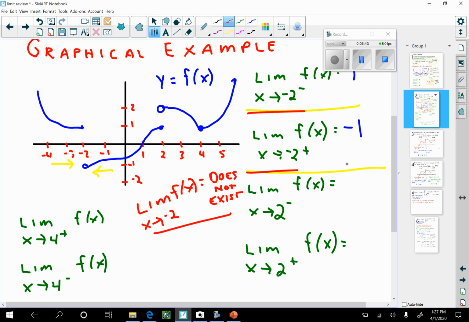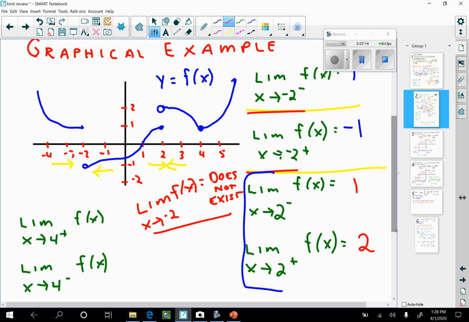And so now here, if I look at a completely separate example, I look at these two limits, and now I'm approaching 2 from the left, which is this guy, and then I'm going to approach 2 from the right, and I'm going to see if those two limits exist. Well, as x approaches 2 from the left, where does the function go? It looks like the function is going to go to 1. As I approach 2 from the right, where does the function go? The function approaches 2.